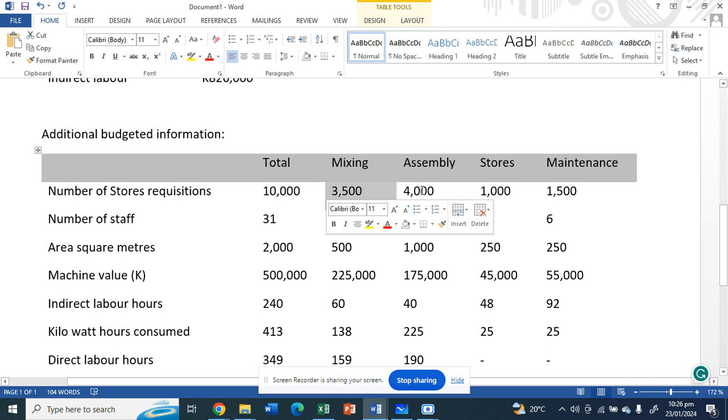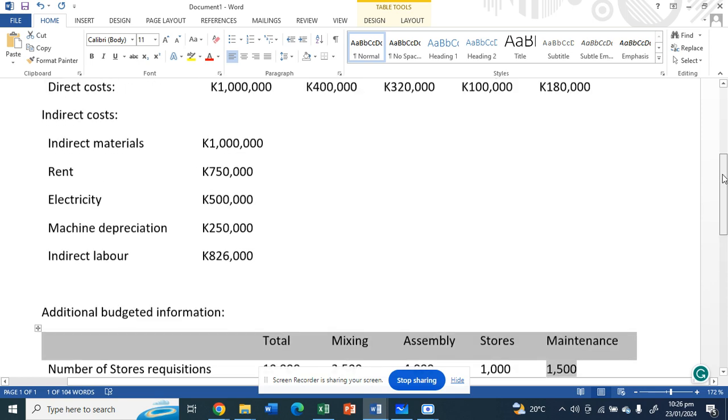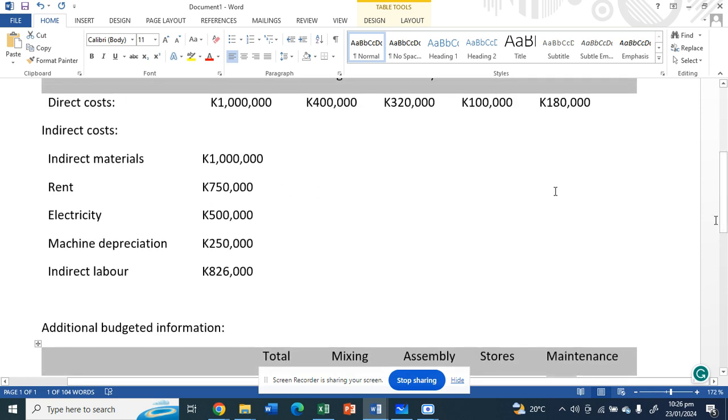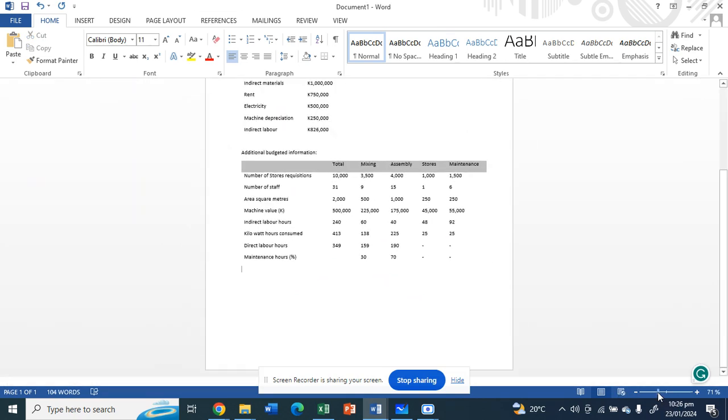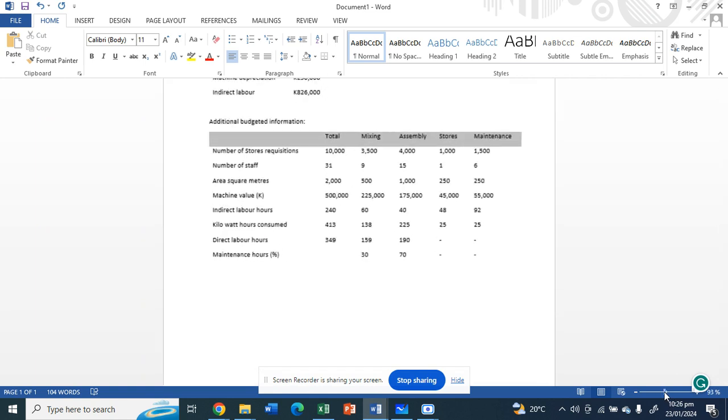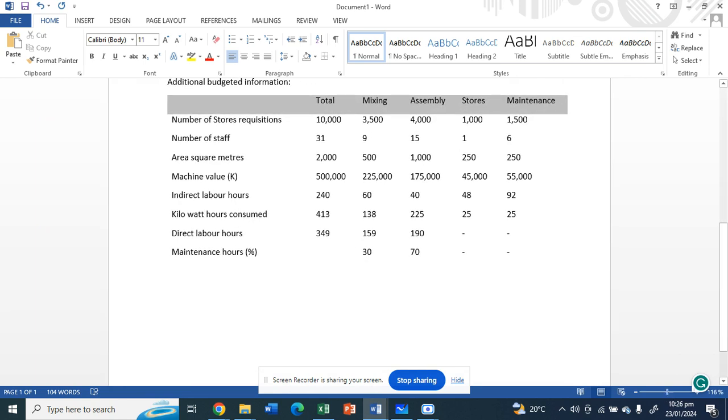So we're going to make each of these fractions, and we multiply those fractions by the 1 million. As you are doing your calculations, you have to state which item you're using for reapportionment. So for indirect materials, we're using number of store requisitions.